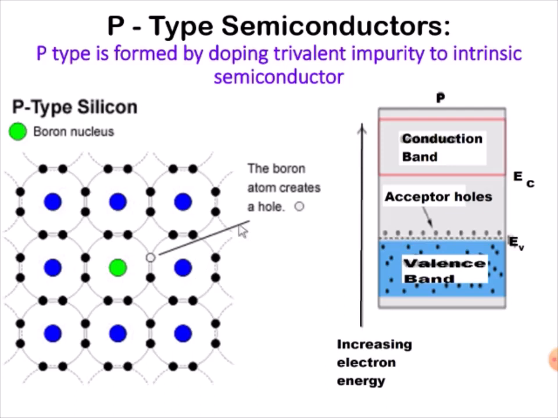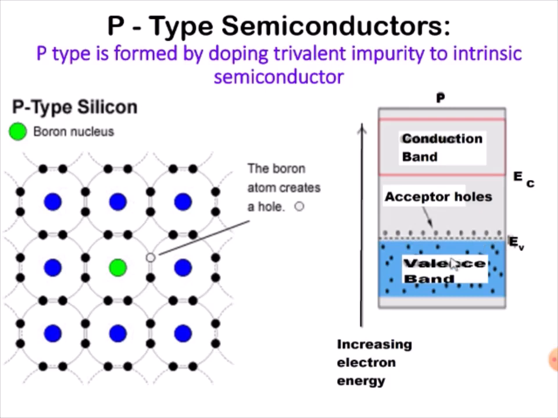Now the energy level for this acceptor hole is above that of the valence band, but in the case of n type, the donor electron energy level was somewhere below the conduction band. But in the case of p type, acceptor hole energy levels are above the valence band.